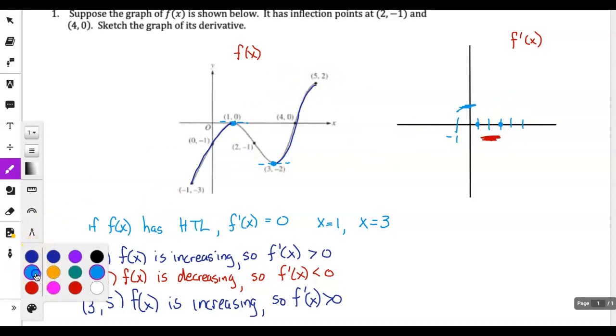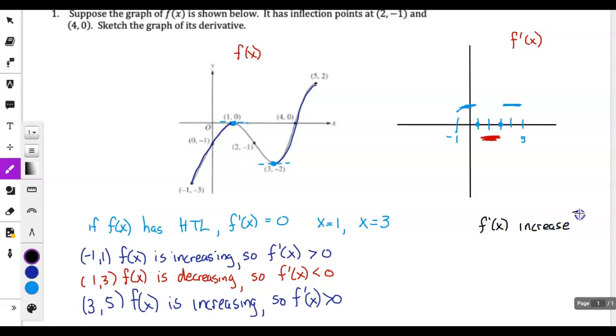From 3 to 5, it's going to go back up to being positive. All right, so we got the positives and negatives. I'll put 5 here, and we have the x-intercepts. The last thing we have to figure out is where does the derivative increase? Where does the derivative decrease?